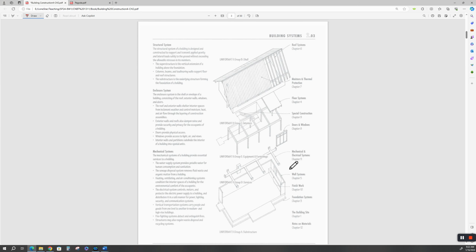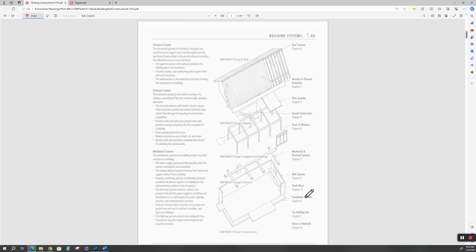And as an architectural designer, you need to understand the concept, but not the engineering. This is going to be your HVAC, mechanical, and electrical engineers that will do this for you. You'll hire them, just like your structural engineer and your soils engineers. Wall systems is in chapter 5.